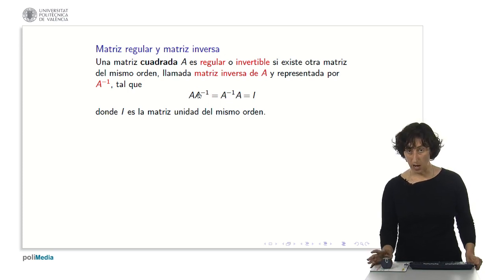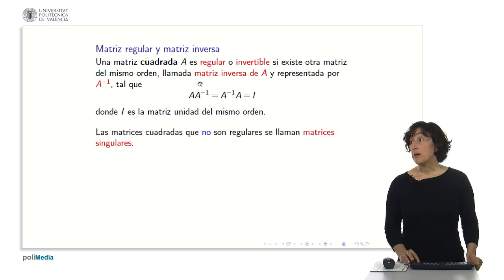Remember that in general the matrix product is not commutative, but in the case of a matrix by its inverse, it is commutative, and it also gives me the identity matrix of the same order. The identity matrix has 1 in the main diagonal and 0 outside the main diagonal. That is called the inverse matrix, and it is said that the matrix is regular. It can only be calculated, as you see, for a square matrix. If the matrix is not regular, that is, it does not have an inverse, then it is a singular matrix.